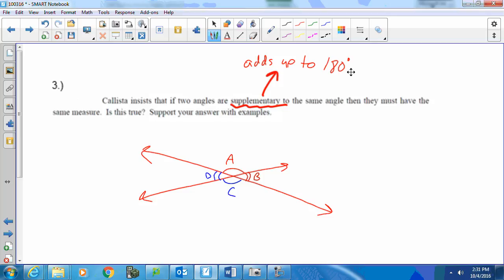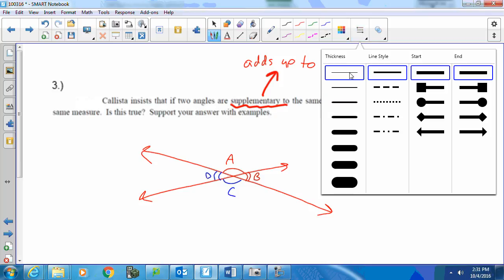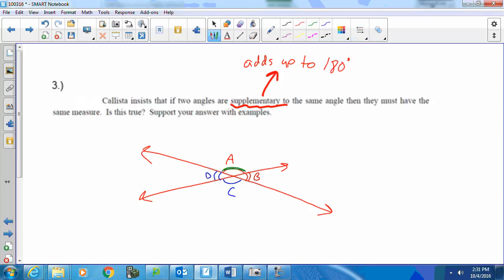Okay. Now, we're trying to figure out if two angles are supplementary to the same angle, must they have the same measure? Because that's what Callista is saying. So let's look at angle A. Looking at angle A, that's what I'm outlining.